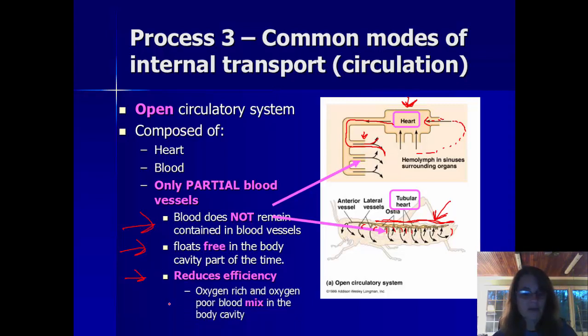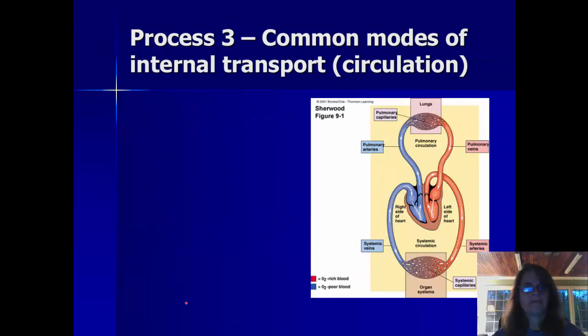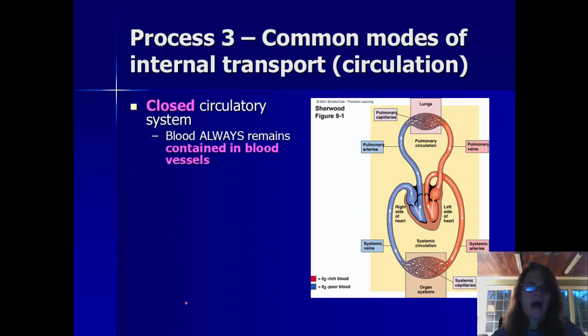Additionally, the oxygen-rich blood that might have been obtained by the respiratory organs is going to mix together with oxygen-poor blood that's been out and been used by the organs, and so it's not a very efficient system, okay? So that leads us to the much more efficient system of a closed circulatory system, okay?